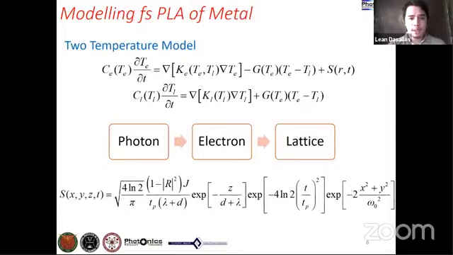We have C as our heat capacity, K as the conductivity, TE as our electron temperature, TL as our lattice temperature, and so on. The S in this equation is what we call the laser source term, and is typically given by this equation. As you can see, it is a function of the reflectivity and the laser fluence, along with the material properties such as the ballistic length and the penetration depth.